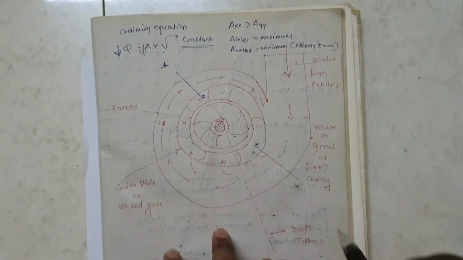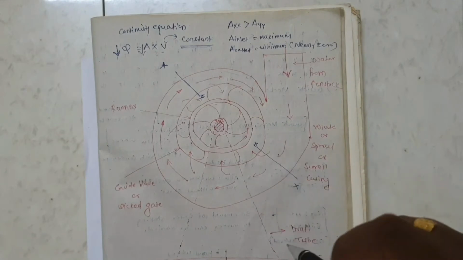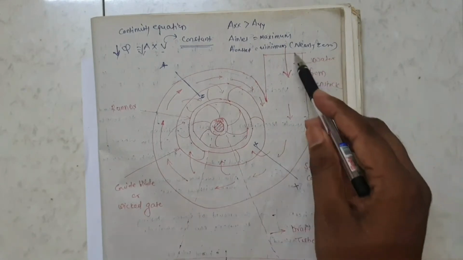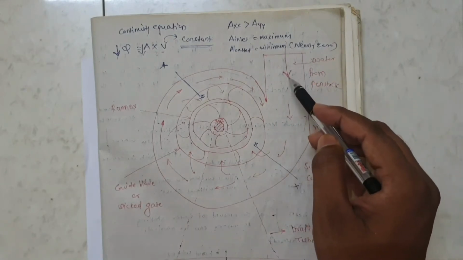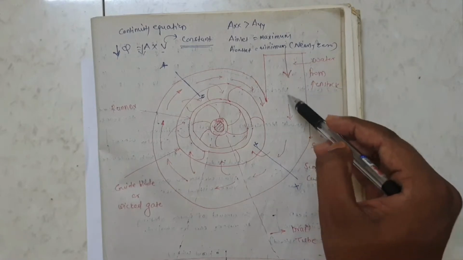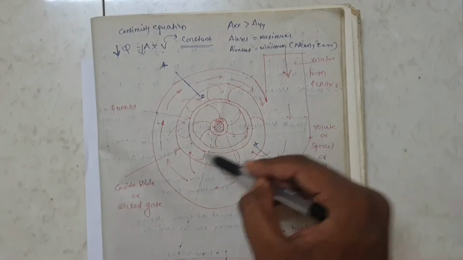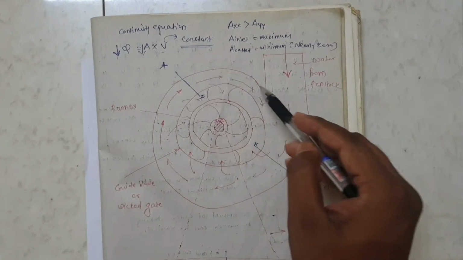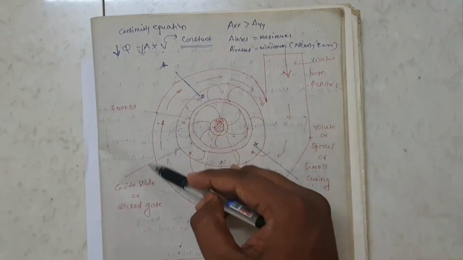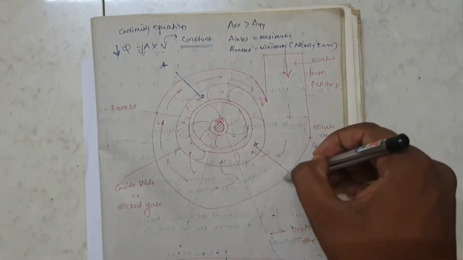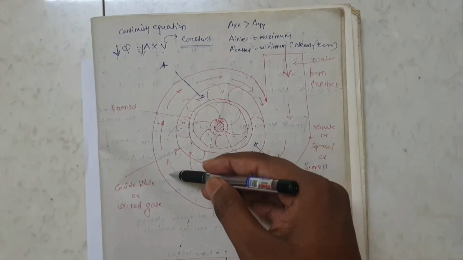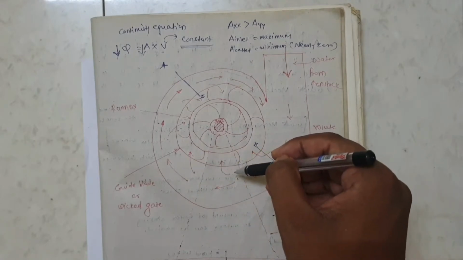From here you will get the idea of the reaction turbine. The water from the penstock flows in this way, and this is the casing. The outer circumference is the casing. That means the casing is used to hold the water in a closed body.